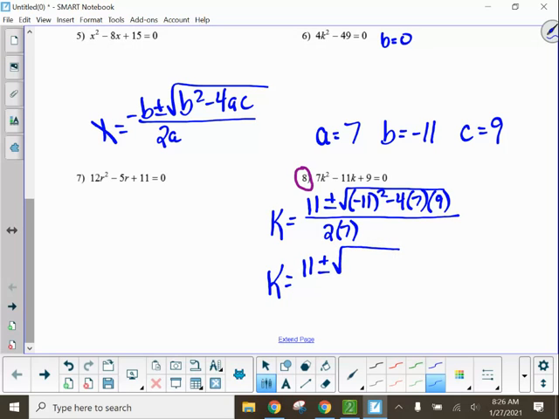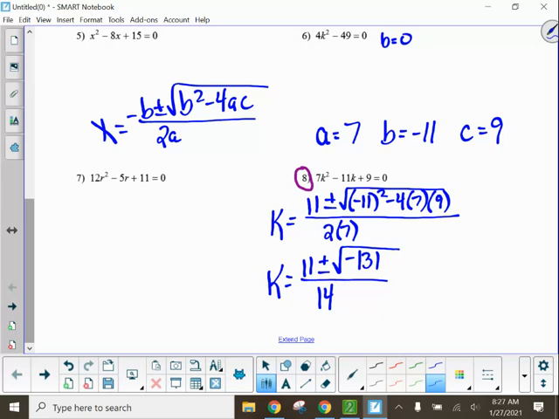So now I have to simplify what's in the square root. Again, make sure you put that negative 11 in parentheses, and the square goes outside. And this time I get negative 131, and that's all over 14. Well, 131 is not a perfect square. I do have that negative inside of the square root, so we do have to pull that out and turn it into an i.